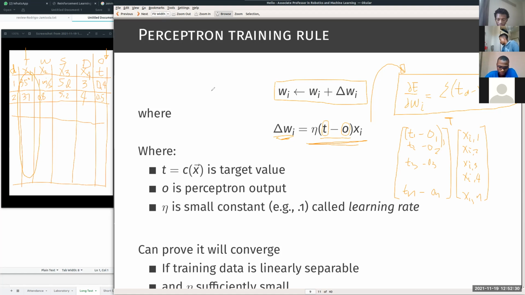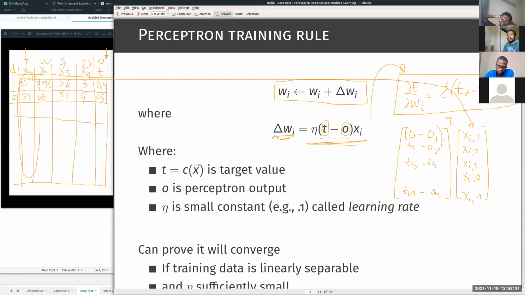All that information there is the one that you will put here, multiplied by the difference of the target minus the output. That's why here you just put Xi multiplied by T minus O.